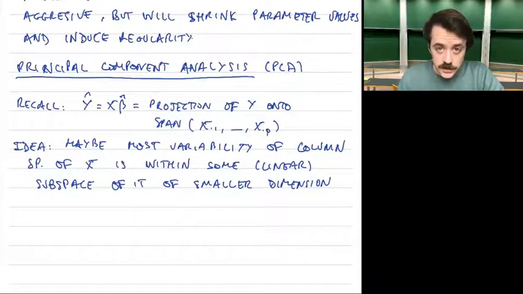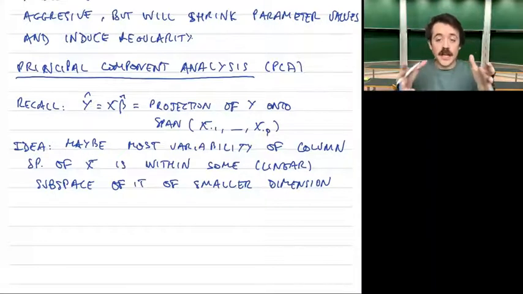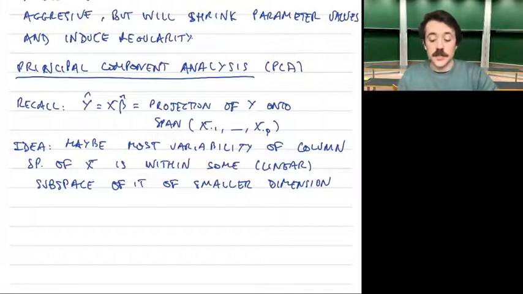An example in which there is an alignment between the variability of Y and the column space of X is precisely the linear model.